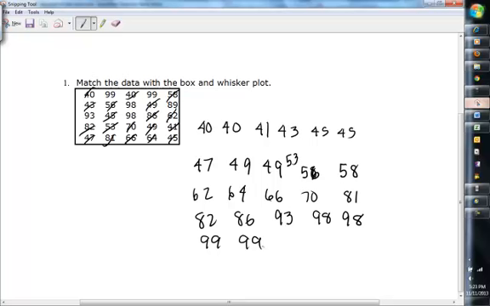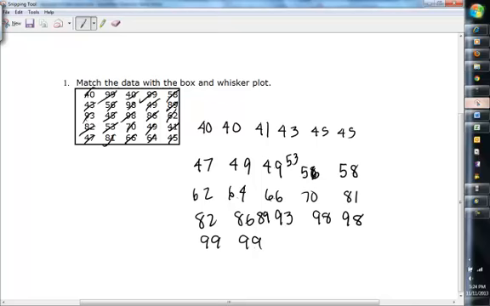Count to make sure that you have the right number. We should have 25 numbers. 1, 2, 3, up to 24. Nope, we're missing a number. 89. So that's your quality control. There's 89. And now we've got all the numbers.